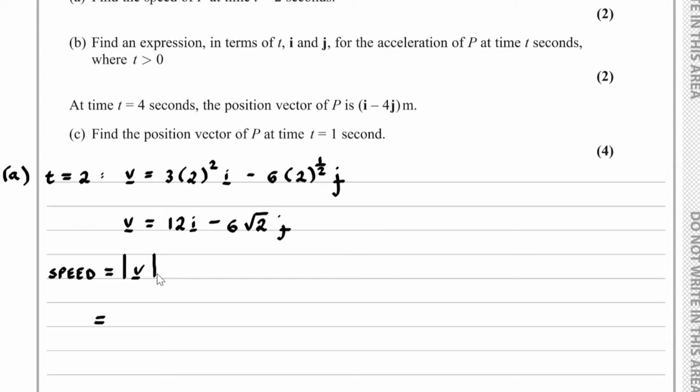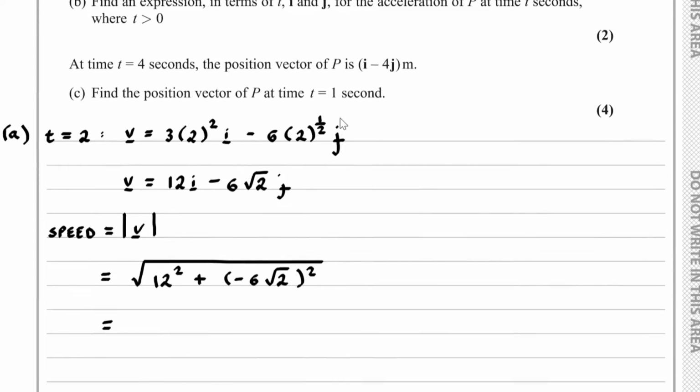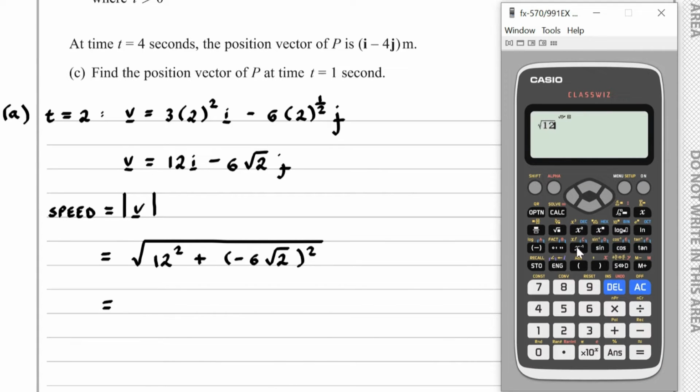And so if we work out the magnitude of v, we have 12 squared plus negative 6 root 2 squared, then square rooted, which is 6 root 6, and as a decimal we end up with 14.7 meters per second, given to 3 significant figures.